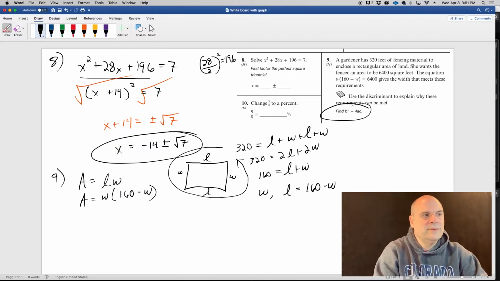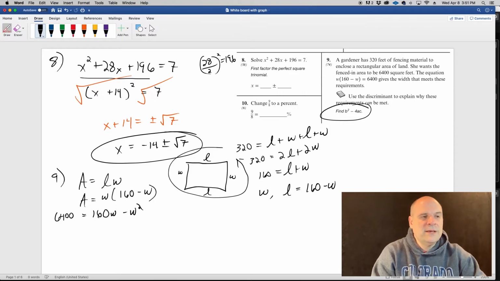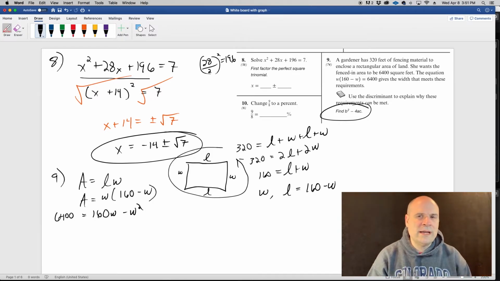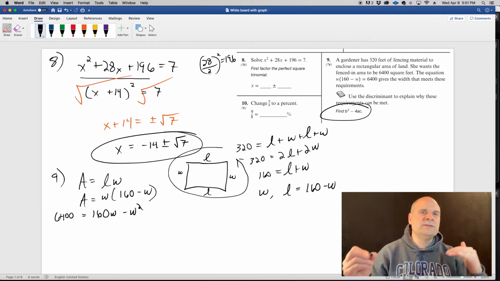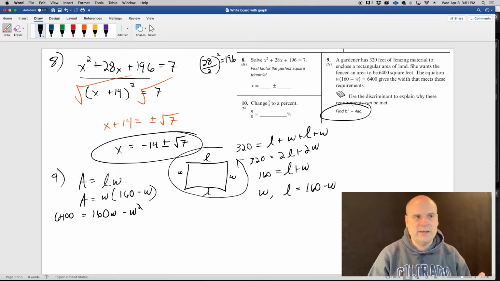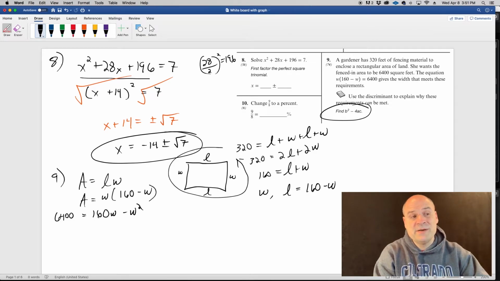So this is our area. Let's simplify this. We'll plug in what we know. So this is area: 6,400 equals, distribute that, 160W minus W squared. Now we're going to write a quadratic, so we're going to put all of our stuff on one side with 0 on the other, where the squared term is positive.